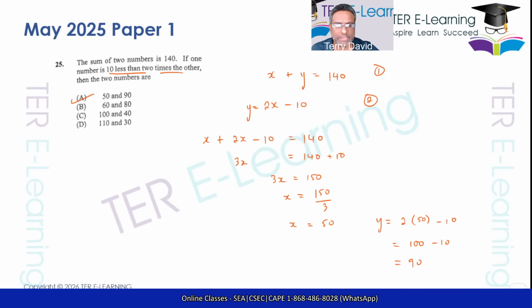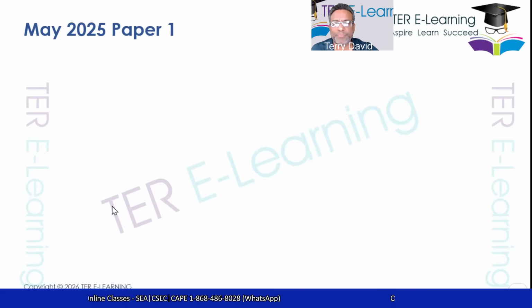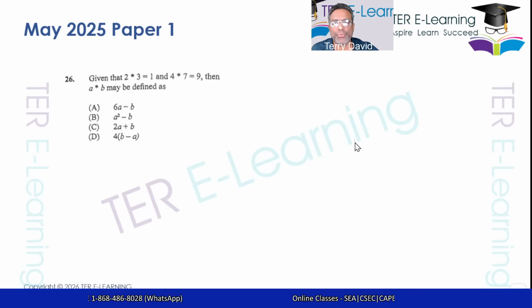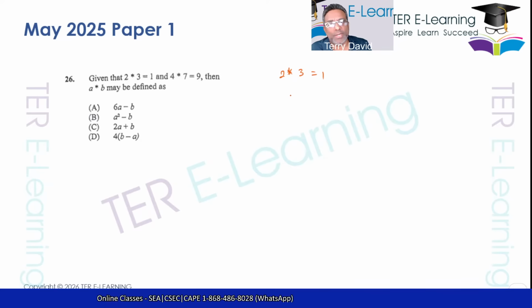All right, 26. We have a binary operation here. We're trying to figure out which one is true. We have two pieces of information: 2 star 3 is equal to 1, and we know that 4 star 7 is equal to 9.